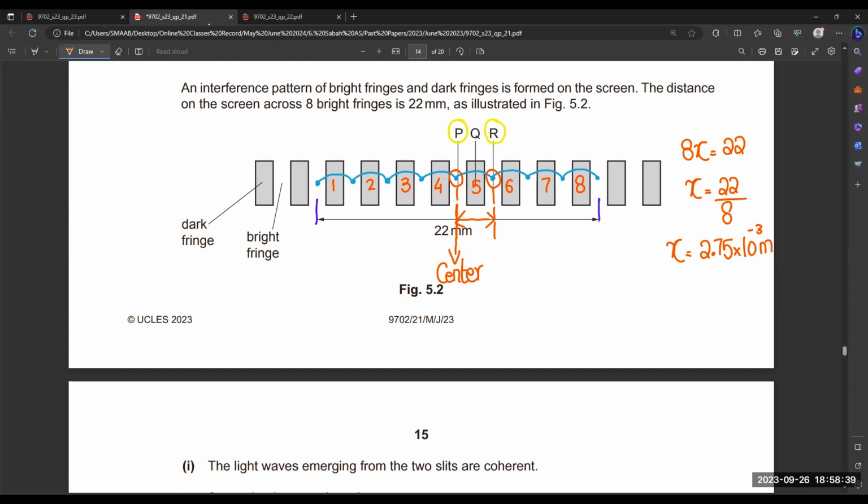If you consider P and R, because P is your central bright fringe, and if you move towards the right hand side at point R, you will get your first bright fringe, right? So at that point, your wavelength will be half, right? Because there is only a dark fringe and one bright. So there are two consecutive bright fringes, but only one dark fringe. So it means one dark fringe is missing. So we are only containing half wavelength, right?